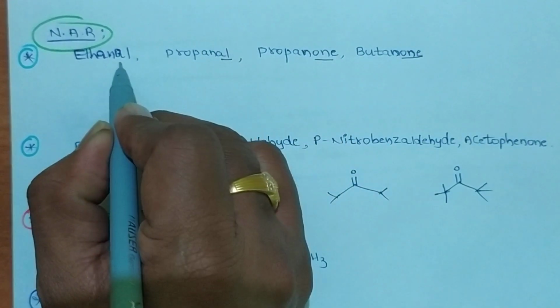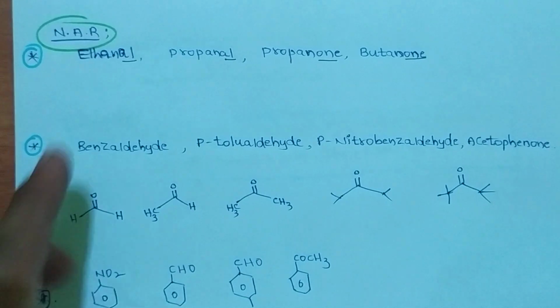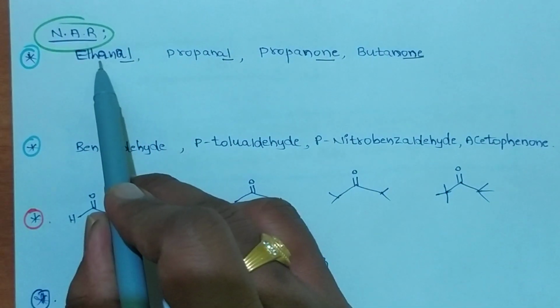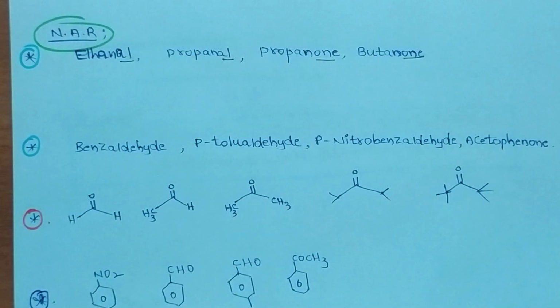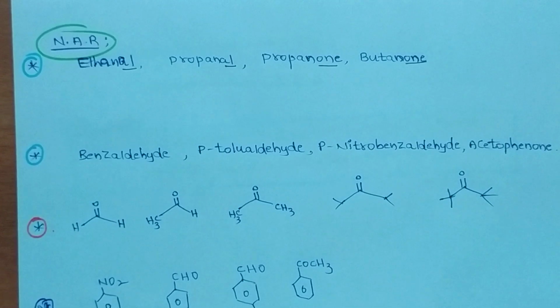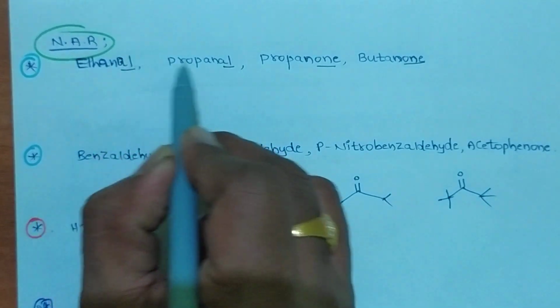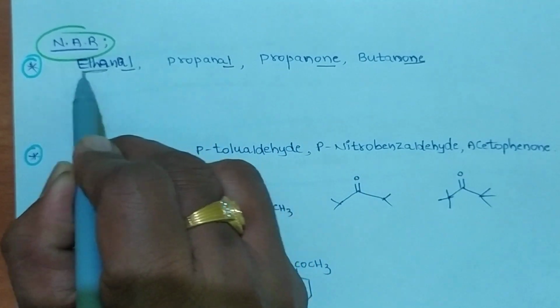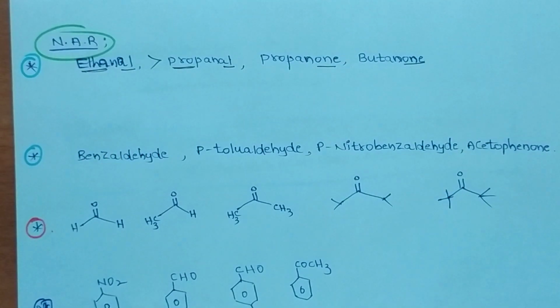If it is al, they are called aldehydes. Ethanal means 2 carbons, propanal means 3 carbons. The alkyl group increases, the plus I effect increases, so nucleophilic addition reactions will be less. The more the carbons, the more the plus I effect, so the less the nucleophilic addition reaction.